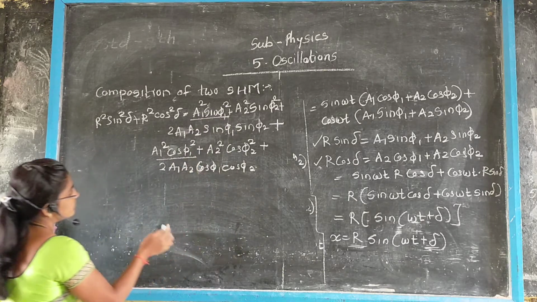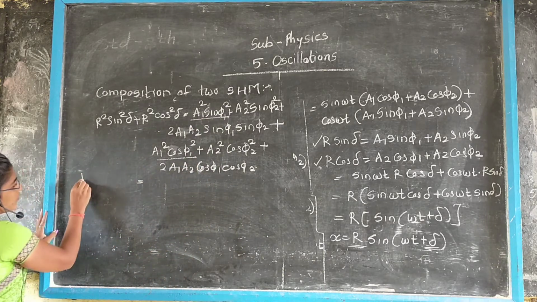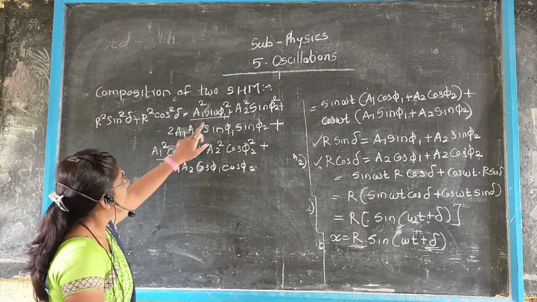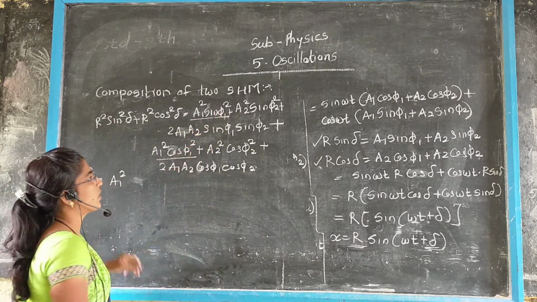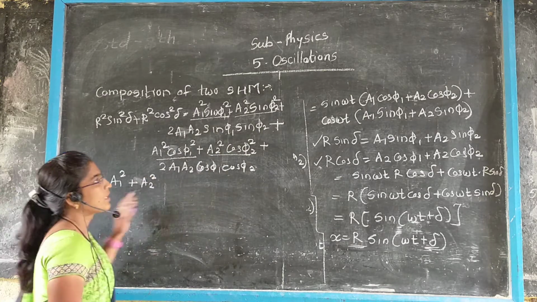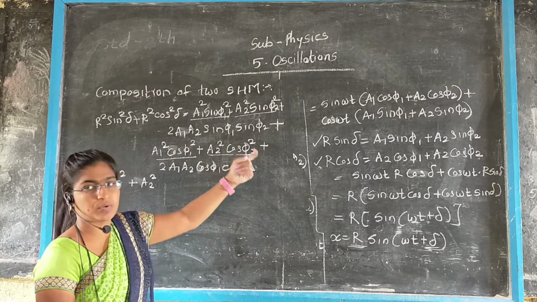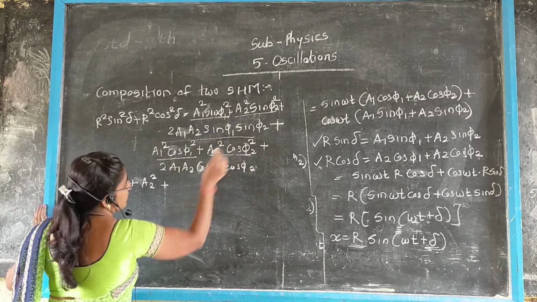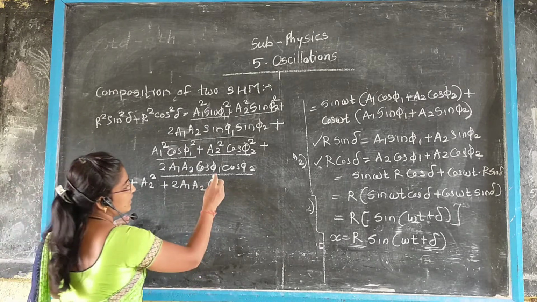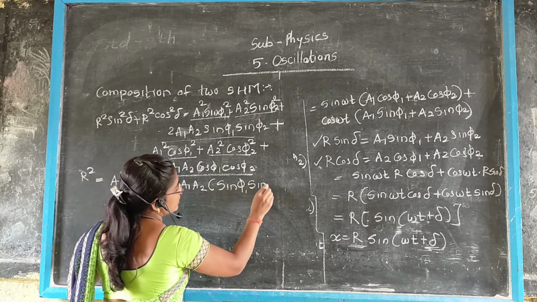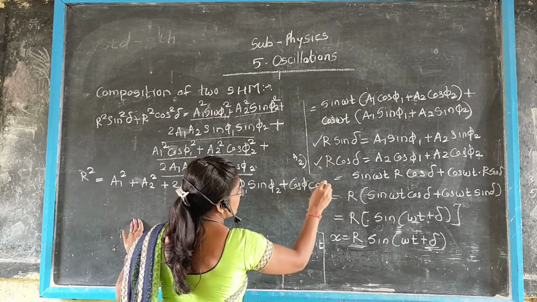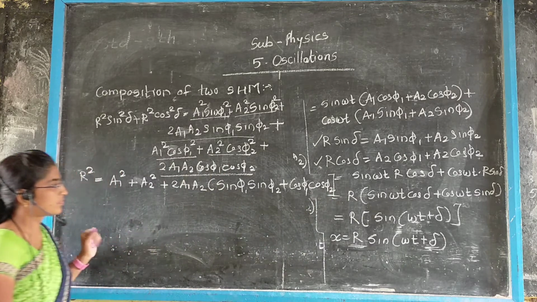From these two equations, adding, we get r square which is equal to a1 square (sin square phi 1 plus cos square phi 1, which is 1) plus a2 square (sin square phi 2 plus cos square phi 2, which is 1) plus, taking 2 a1 a2 common, (sin phi 1 sin phi 2 plus cos phi 1 cos phi 2).